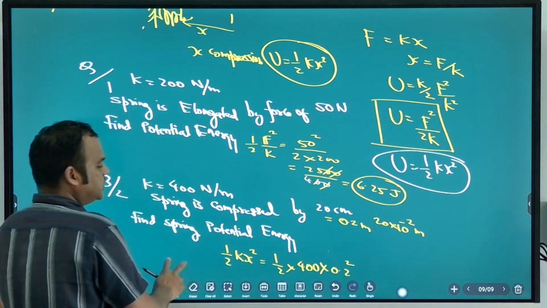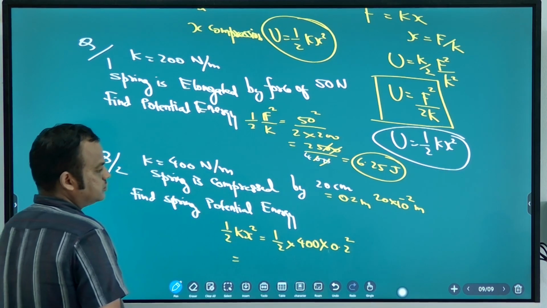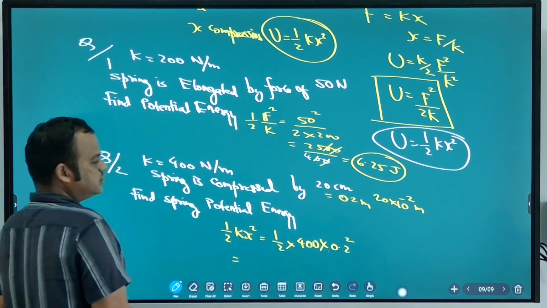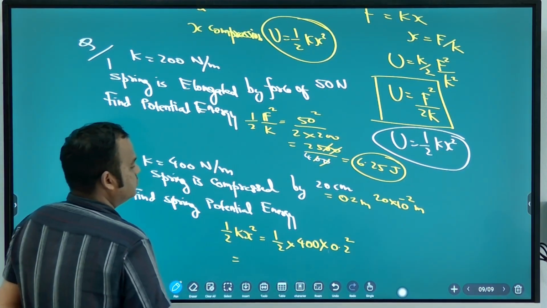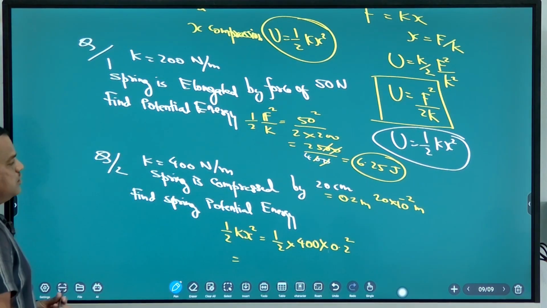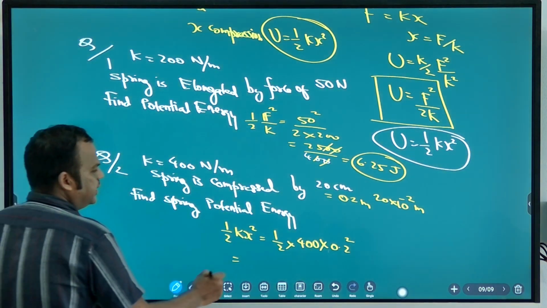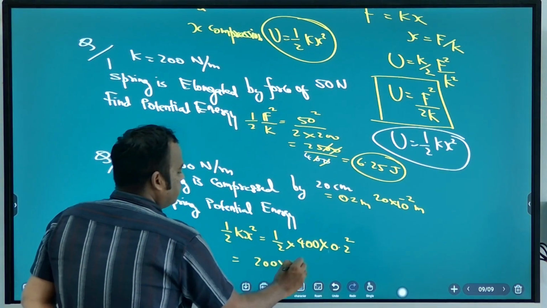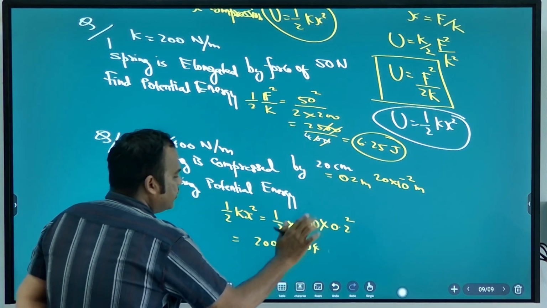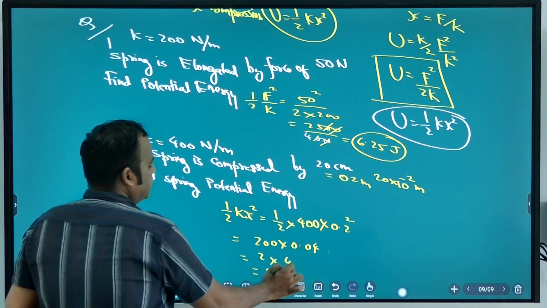Tell me the final answer. 8. Okay, 8. Correct. So 200 into 0.04. Give this 100 to this, the decimal will be gone. So 2 into 4. Answer is 8 joule. Okay, clear?